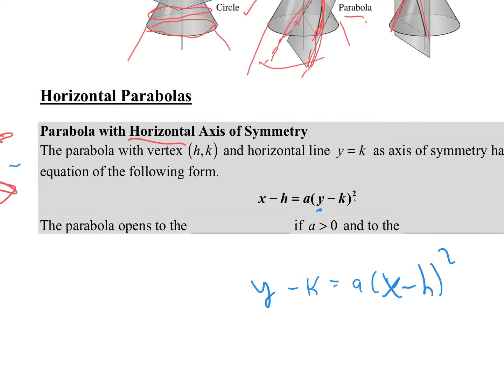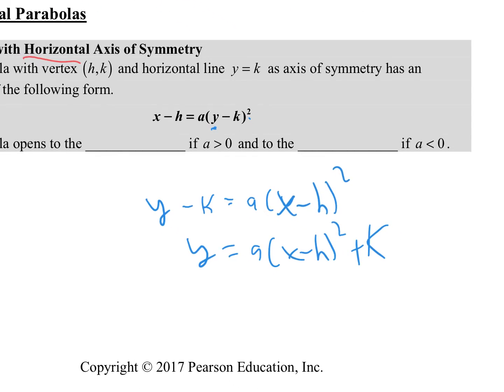If I was to rewrite that as y equals a times x minus h squared plus k, we had learned that the vertex is opposite of what's inside the parentheses, so it was h, k. To the right h, up k was my vertex.